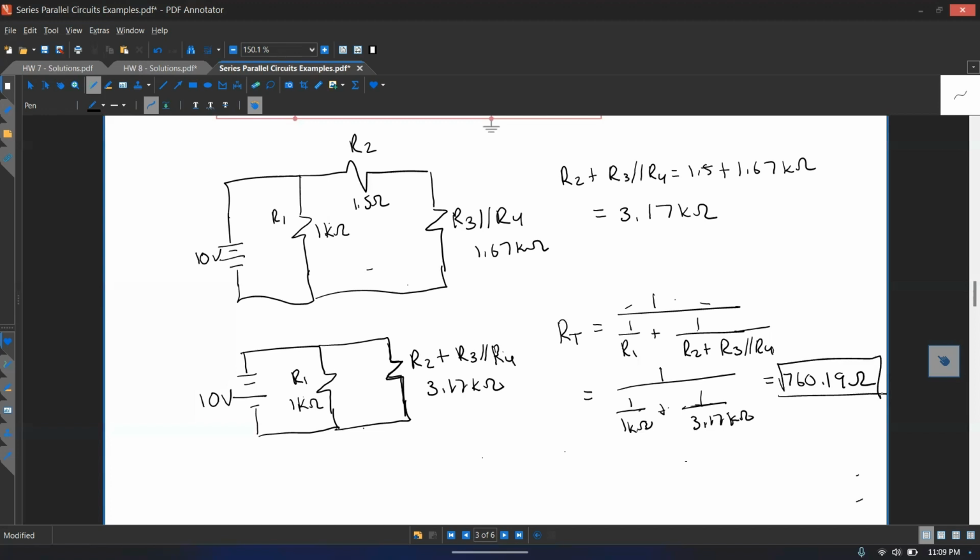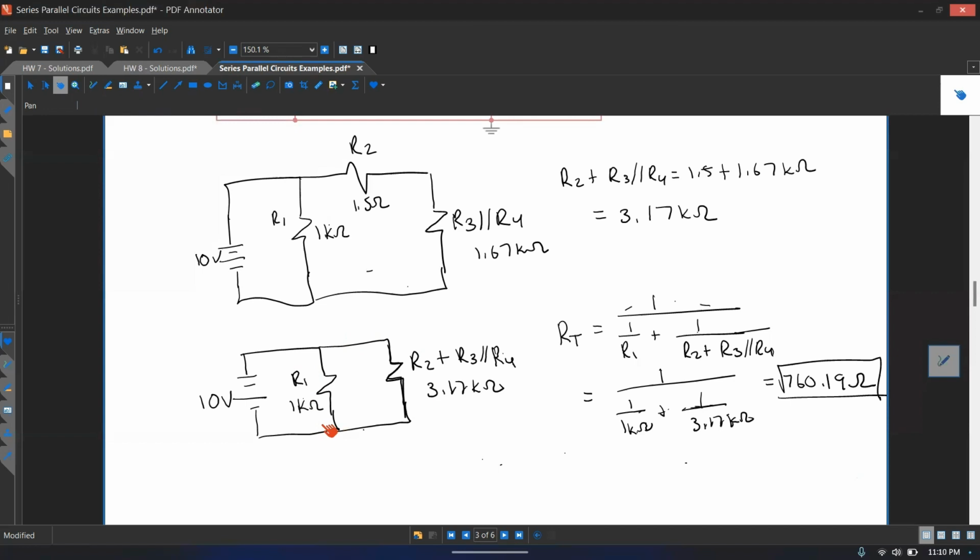And if you ask yourself, does this make sense for our total to be 760.19 ohms? Well, it does, because this is a parallel circuit that we reduced it down to, and the total resistance of a parallel circuit is going to be less than your smallest resistor.